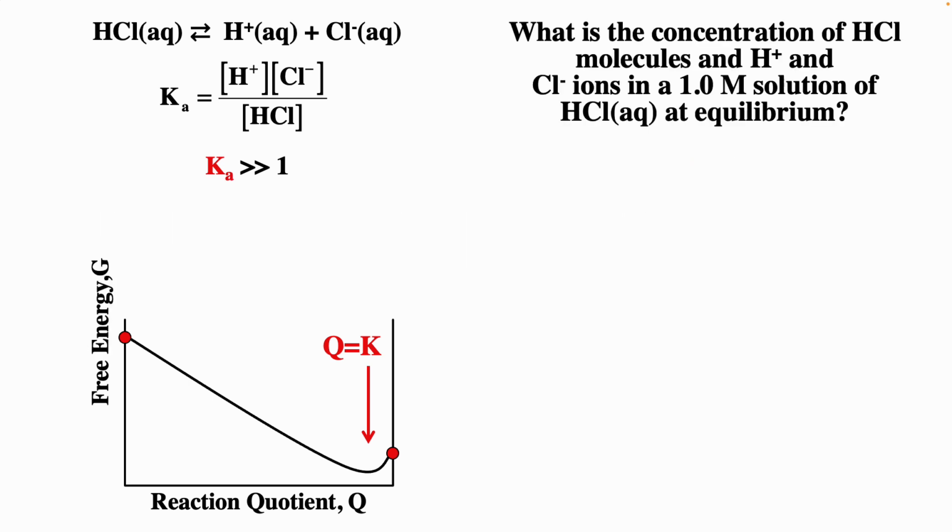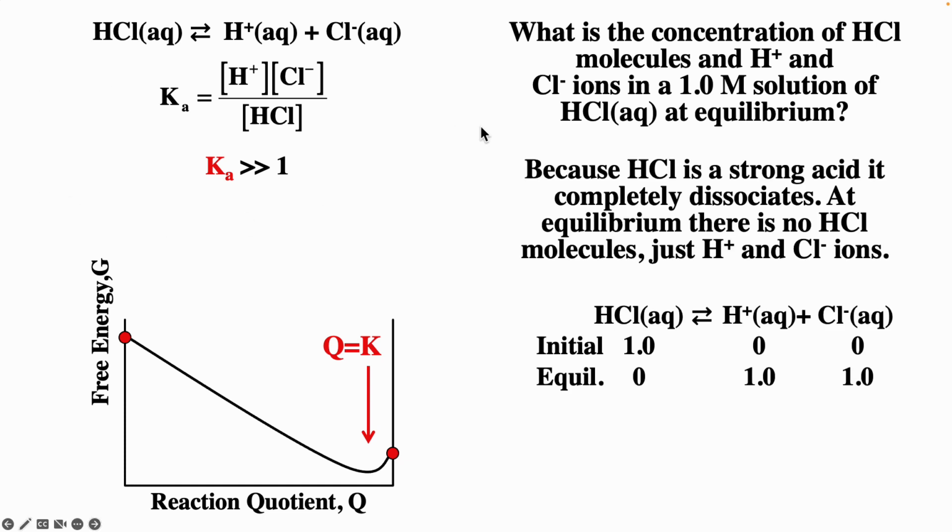We could also ask what is the concentration of HCl molecules and hydrogen ions and chloride ions in a 1 molar solution of HCl at equilibrium. And so if we think about it, we can write down the reaction. So HCl going to hydrogen ions plus chloride ions. It's a strong acid, so it completely dissociates. And so if we start with 1 molar HCl, we actually end up with 1 molar hydrogen ion and 1 molar chloride ion.